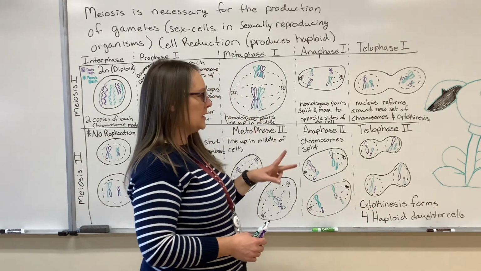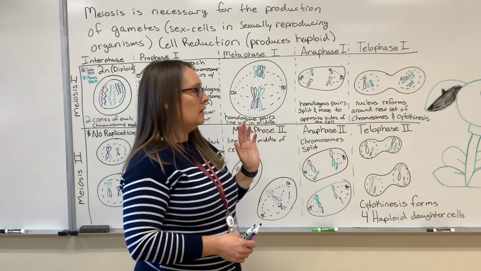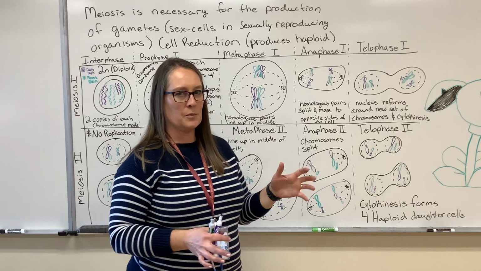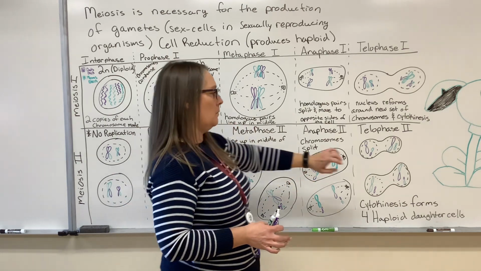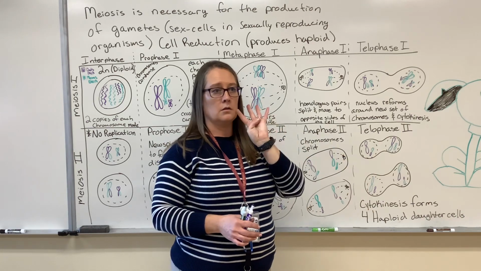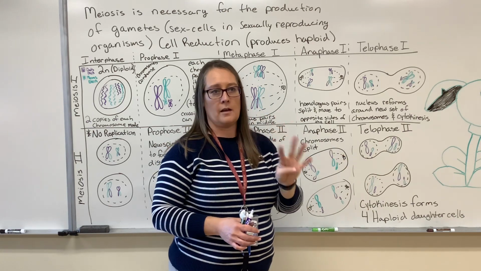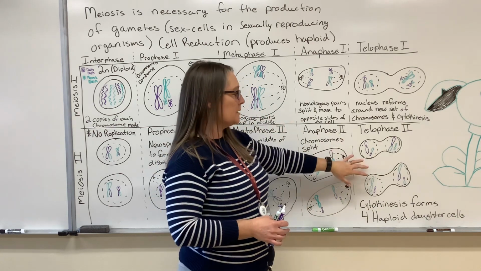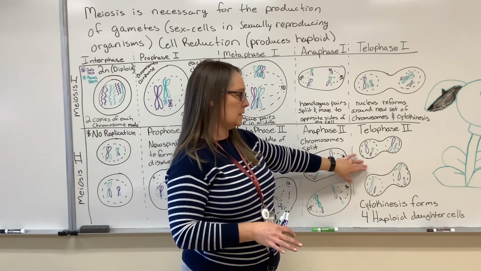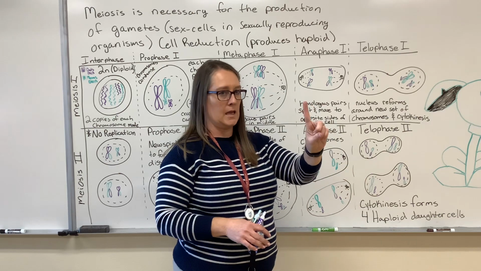So a couple of things that I want to point out here. In sexually reproducing organisms, this process right here does produce usually 4 viable sperm. But this process for the female in most organisms is only going to produce 1 egg.